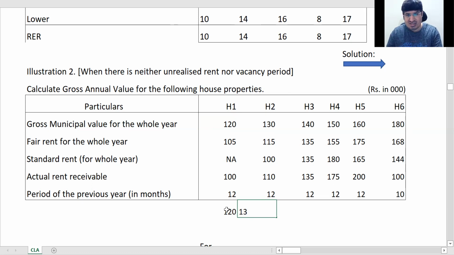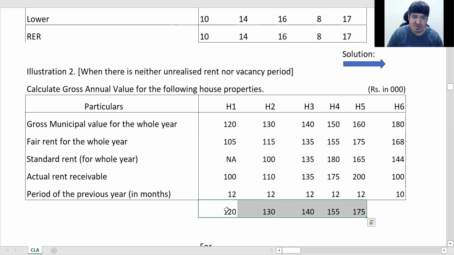H3 140. 155, 175. ठीक है, ओके, फर्स्ट वी आर डूइंग ओनली दिस. ओके, 6th वाला हम करेंगे बाद में. सो दिस इज पहला हायर हो गया हमारा.